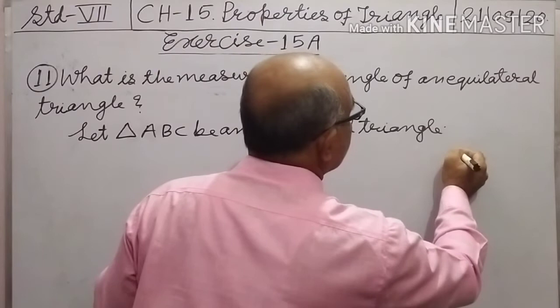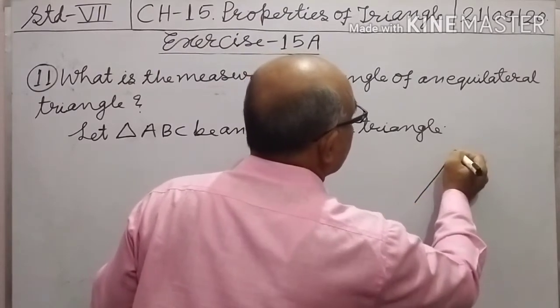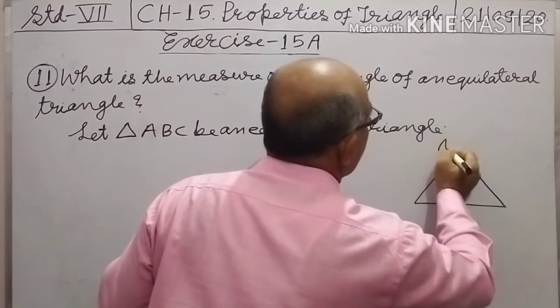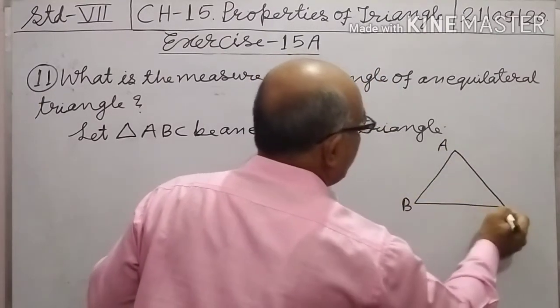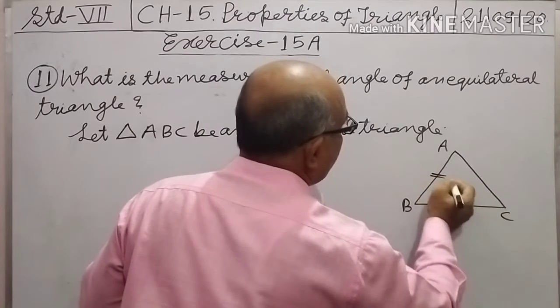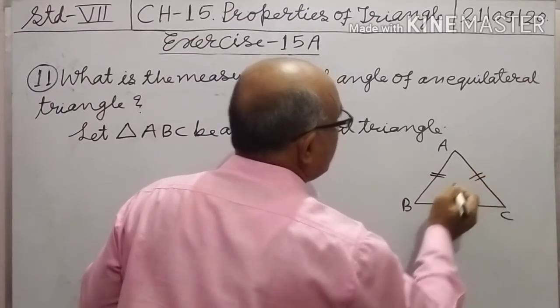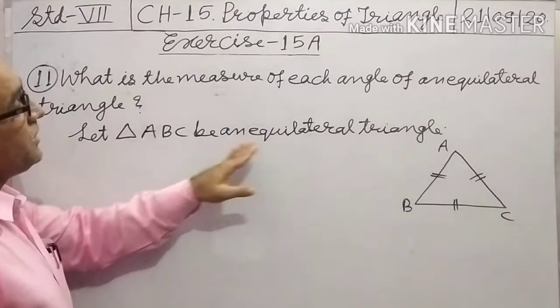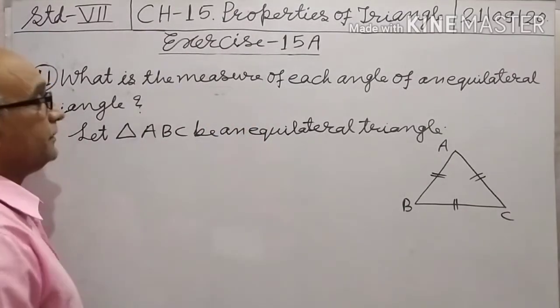Draw figure. A, B, C. AB equal to BC equal to AC. Let triangle ABC be an equilateral triangle.